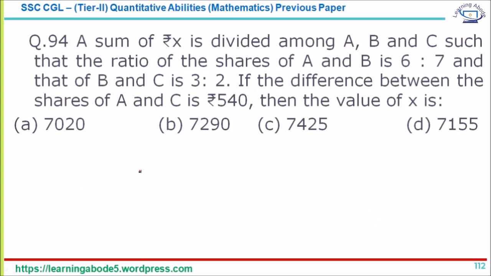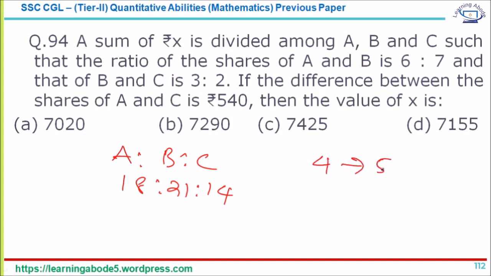Now question number 94. A sum X is divided among A, B and C. The ratio of their shares AB is 6:7 and BC is 3:2. And the difference between A and C share is 540. Now A, B, C together you can write it as 18:21:14. Now the difference between A and C is 4 parts.